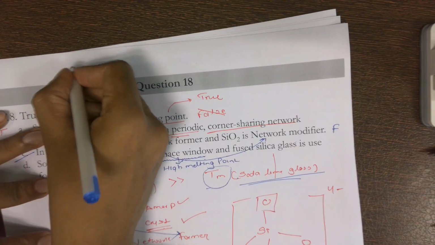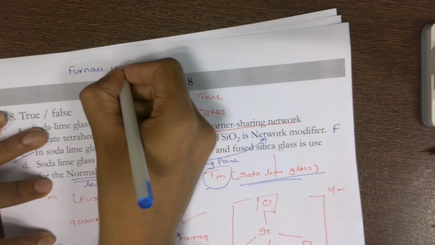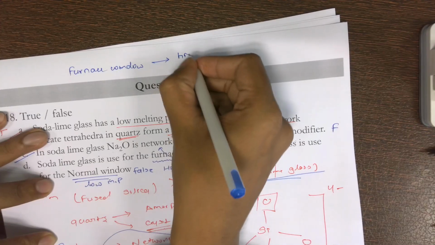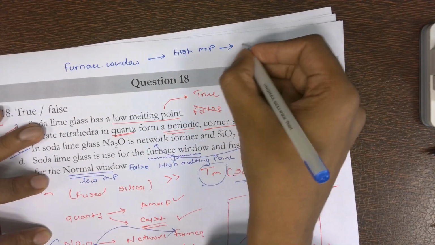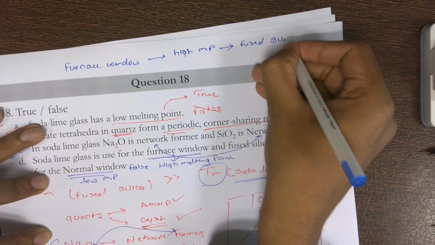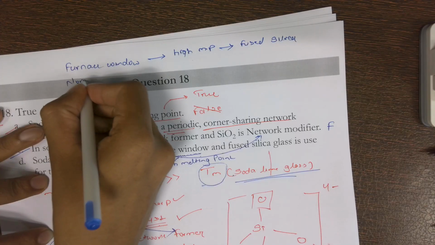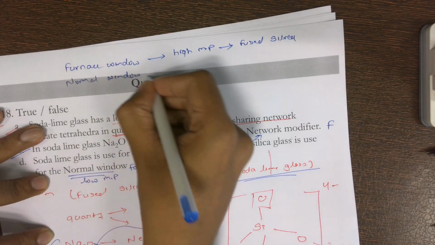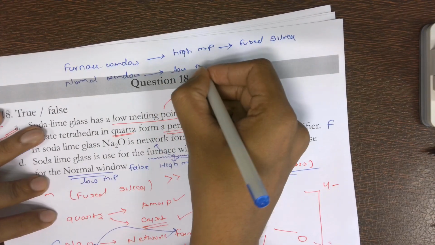We won't use fused silica for the normal window. We need a high melting point for a furnace, which is fused silica. For a normal window, the melting point can be low.